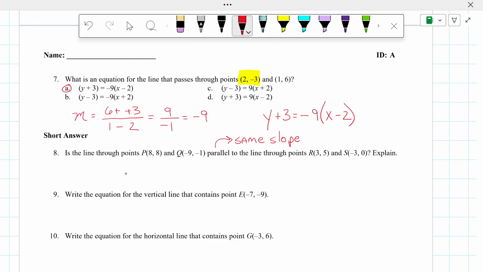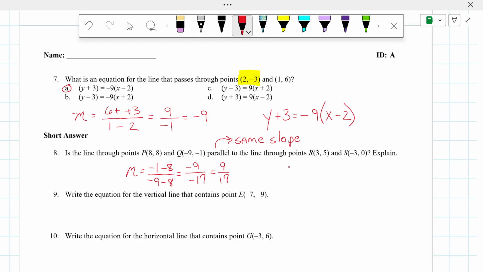So the slope of this first line is negative 1 minus 8 over negative 9 minus 8. So negative 1 minus 8 is negative 9. Negative 9 minus 8 is negative 17. And a negative divided by a negative is a positive. So the slope of this first line, PQ, is 9/17.